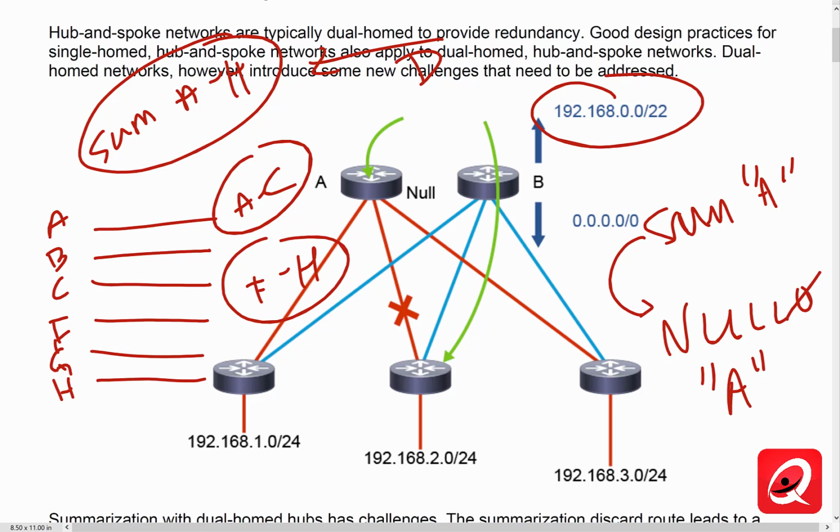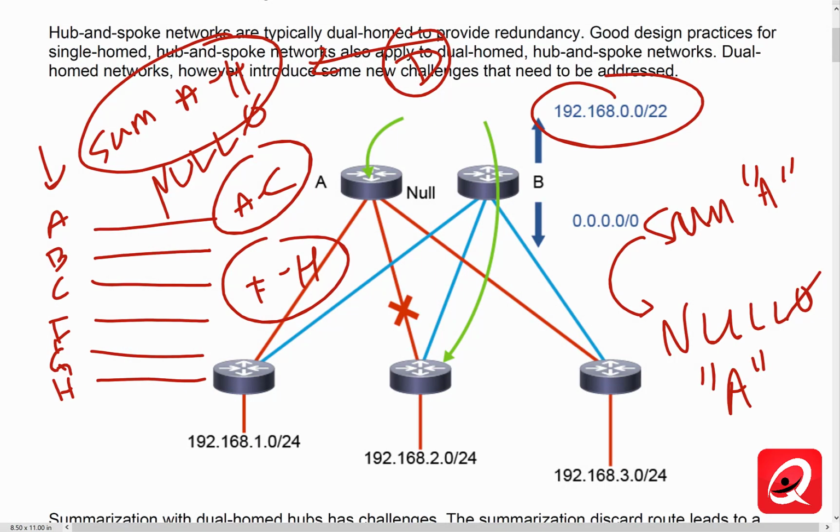So in essence, I end up routing for networks that I don't own. And I might actually end up creating a loop or some sort of crazy routing scenario where packets are getting routed and they're not supposed to be. So that's why we create that null zero route. When a packet gets sent to the router, the null zero route matches the summary route.